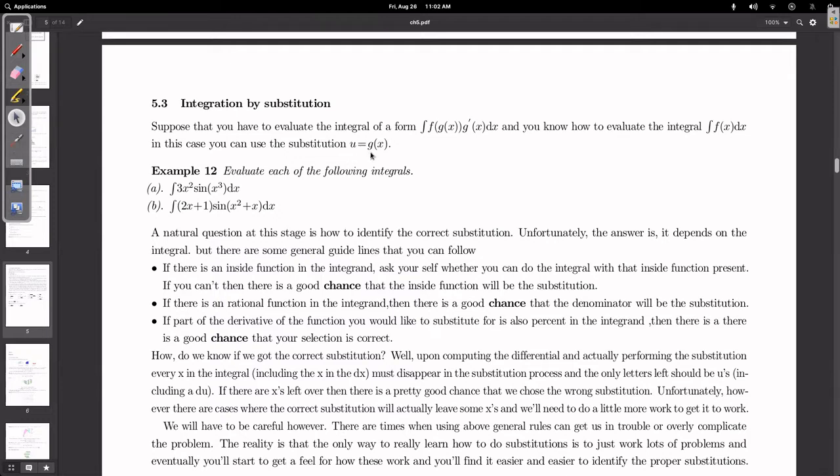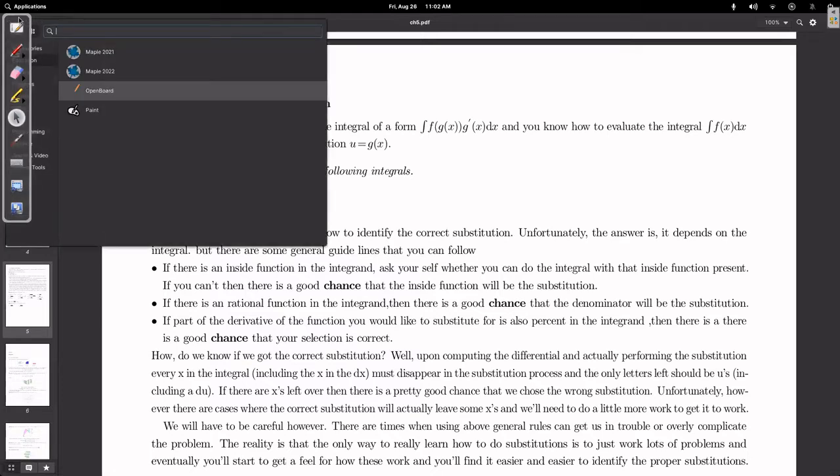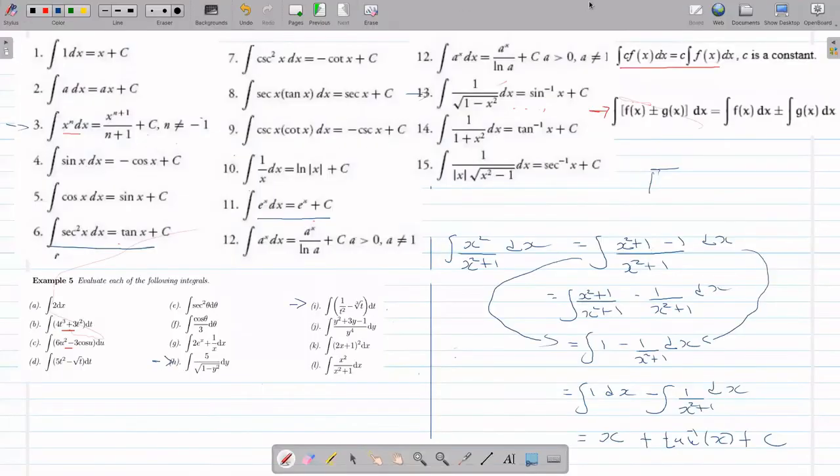I say u(x) is equal to g(x), and then we do a substitution. So I will do this example 12 and then I'll discuss more. Let's do this example 12 using this u substitution method.